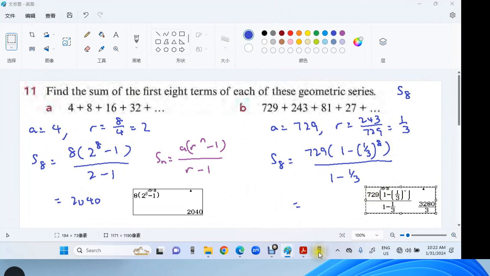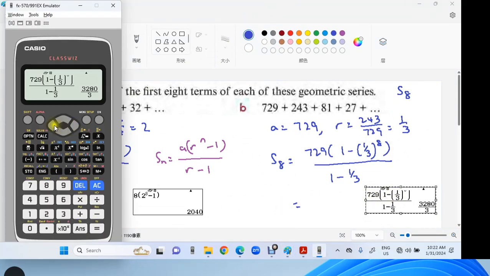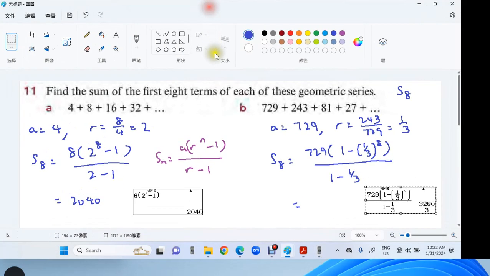And actually if I use the same formula here, instead of 1 minus r, I use the r minus 1, r power n minus 1, actually their answer will be the same.